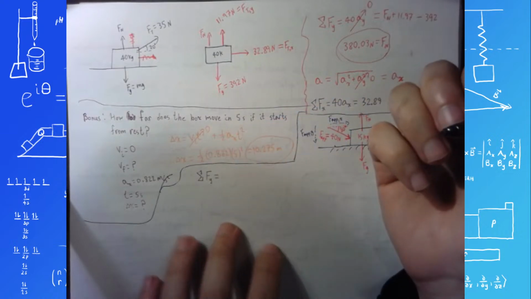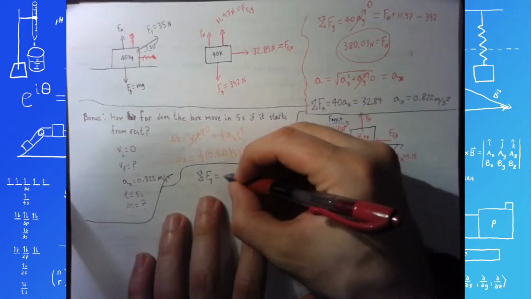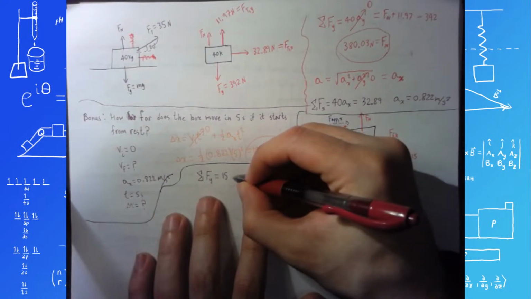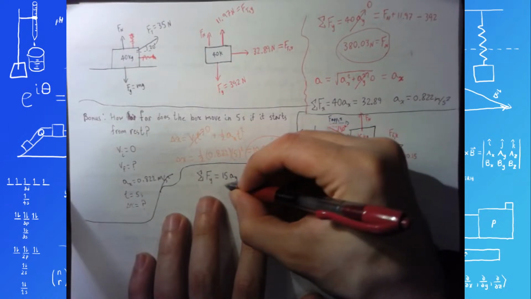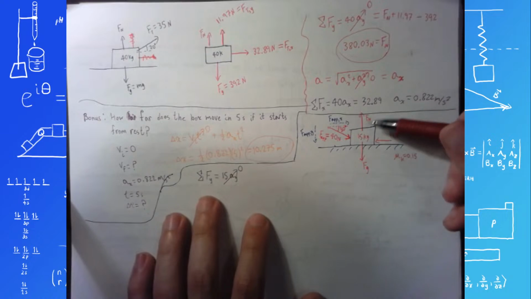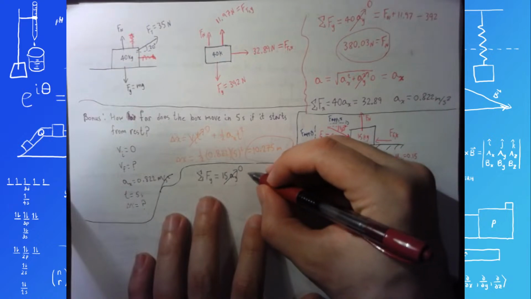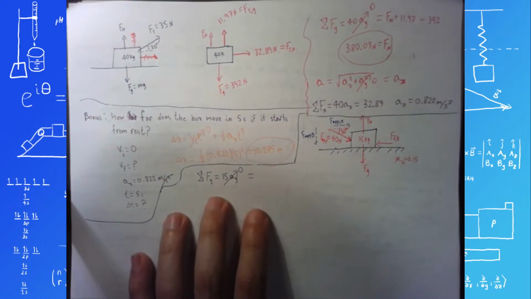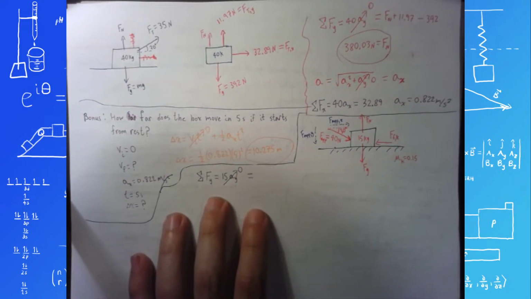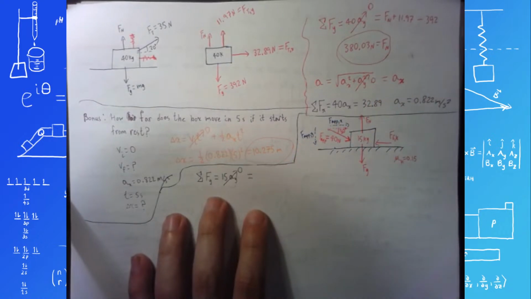So net force in the y direction is equal to mass 15 kilograms times acceleration in the y direction, which we can reasonably assume is 0. I have no reason to assume that this object is going to accelerate up into the air or down into the ground. Equals forces up minus forces down is how I like to do it, but you can also do down minus up.